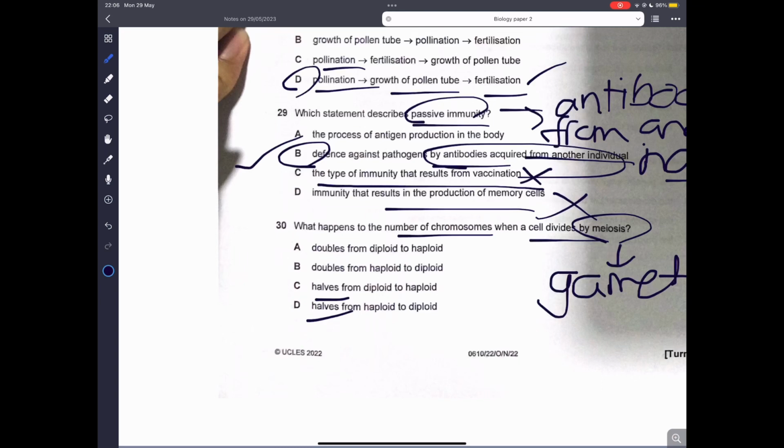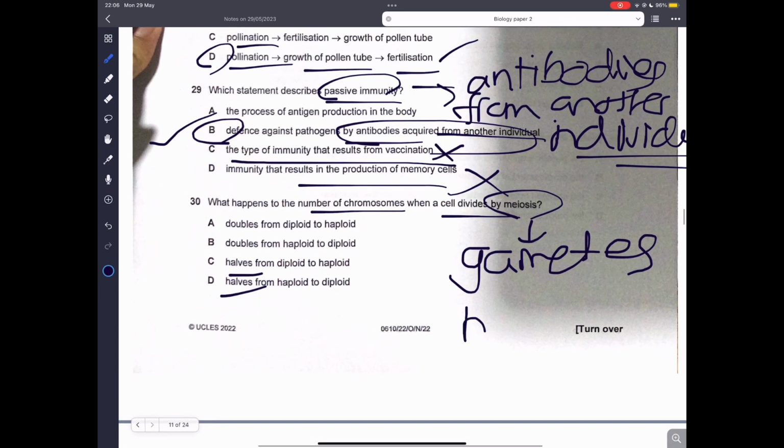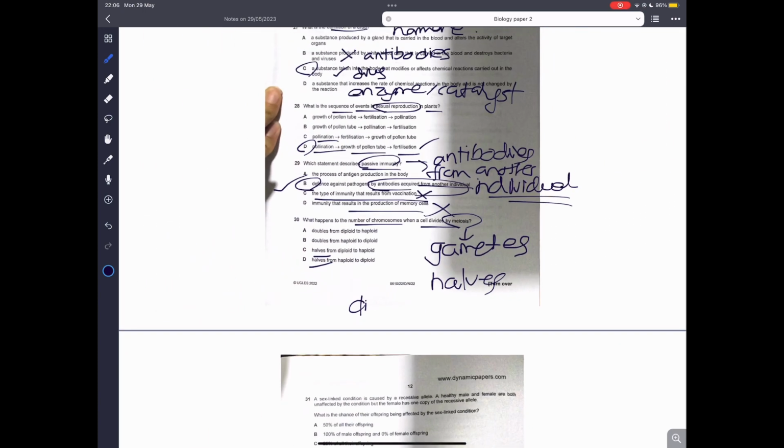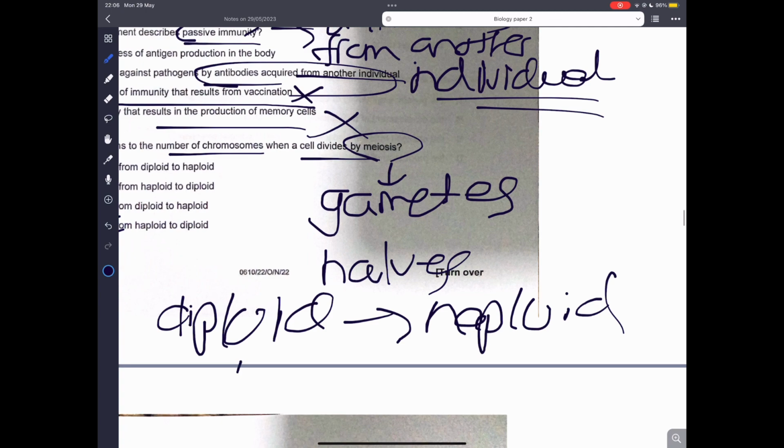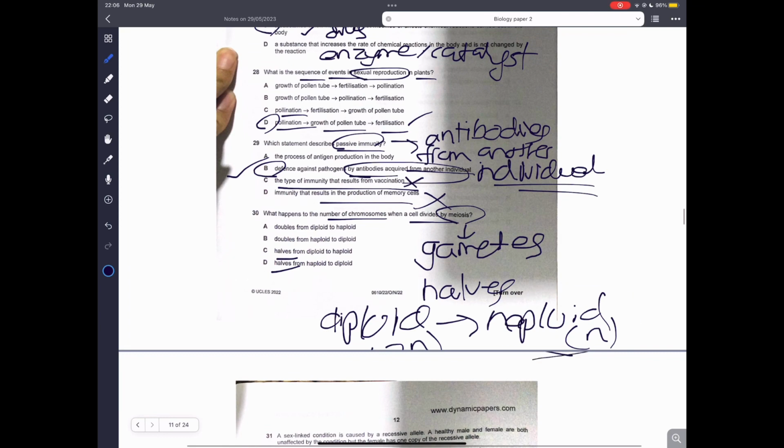This haploid cell contains only one set of chromosomes. So diploid to haploid is always by meiosis. Yes, and we can represent the diploid using 2n, and we can represent the haploid with a small n in brackets.